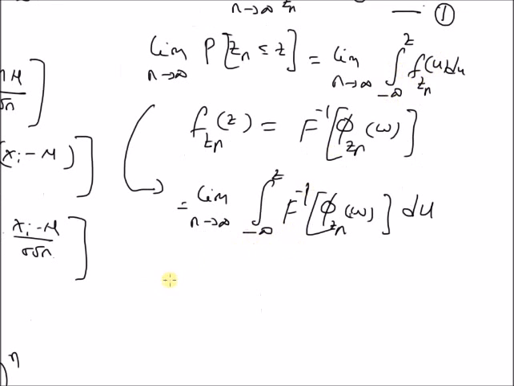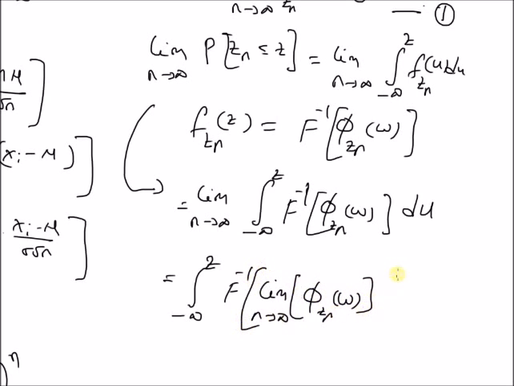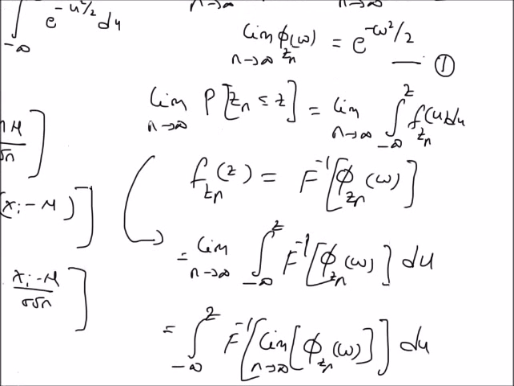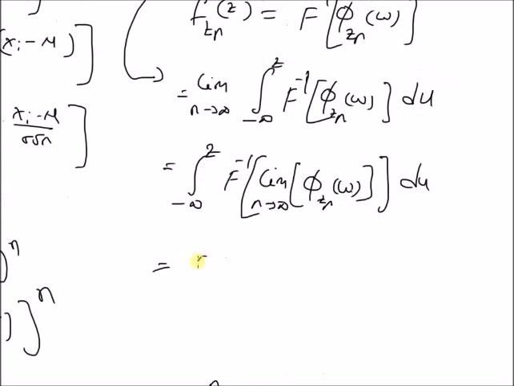So by using that relation, and the result of equation 1, we have the integral from minus infinity to z of the inverse Fourier transform of e power minus omega square divided by 2, du.